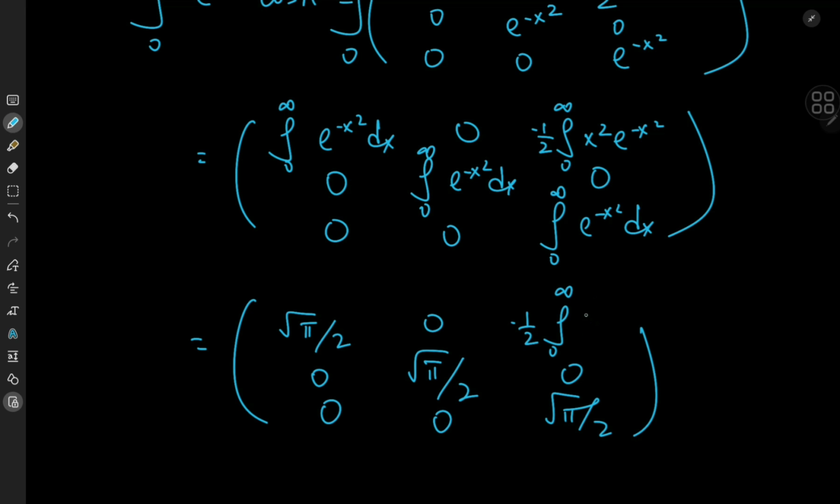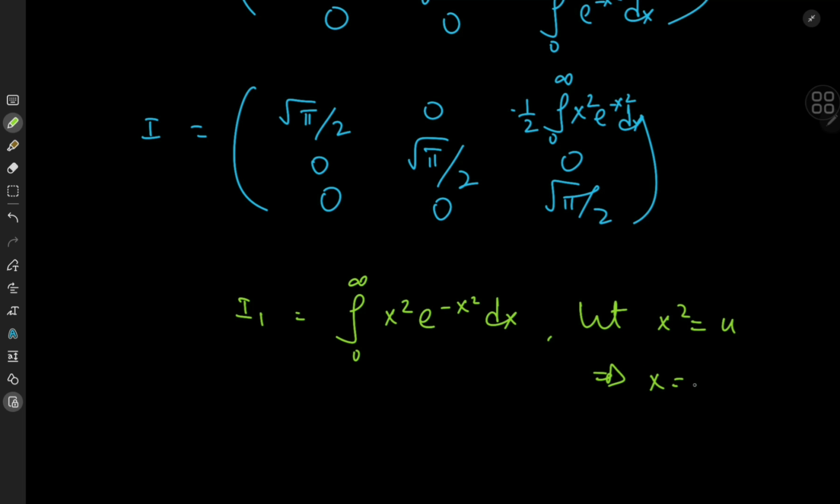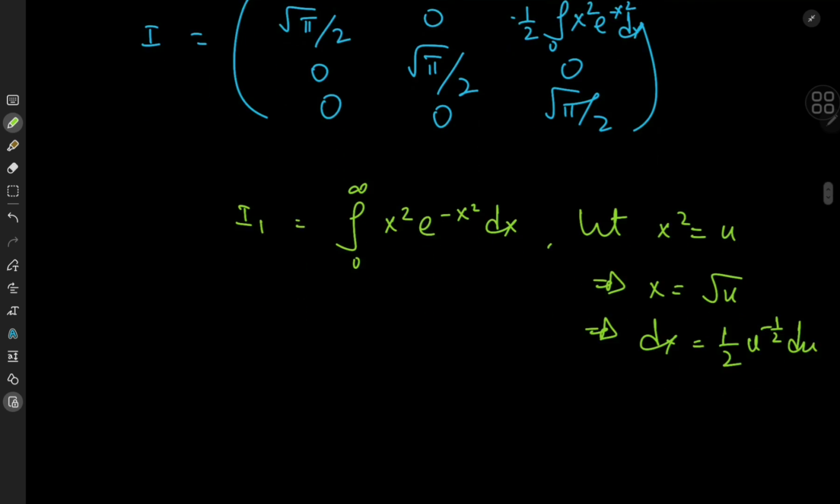And to do that, we need some help from our old buddy, the gamma function. So let's define I sub 1 as the integral from 0 to infinity of x squared times e to the negative x squared dx. And we're going to make the substitution x squared equal to u, which implies that x equals root u, and further implies that dx equals 1/2 times u to the negative 1/2 du.